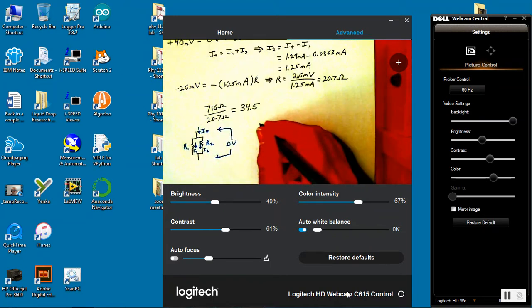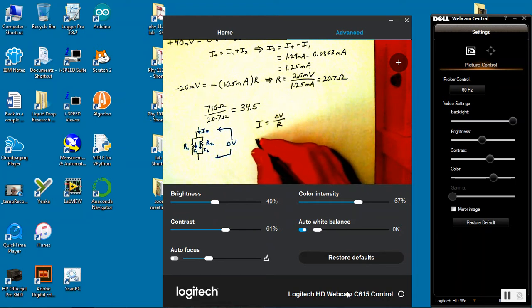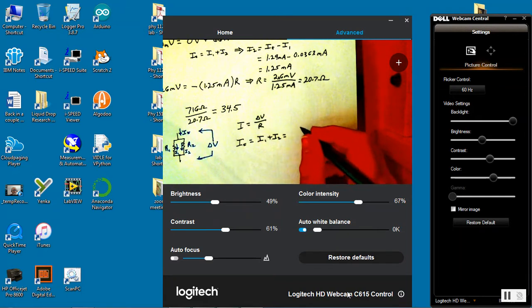So then if we take Ohm's law, which says current equals delta V over R, then the total current, which is the sum of the separate currents, is equal to the delta V over the first resistor plus delta V over the second resistor.